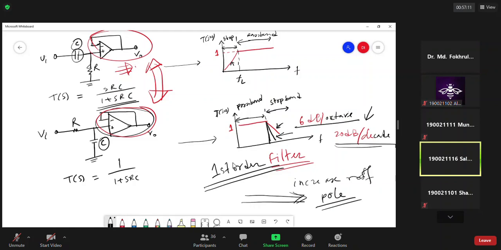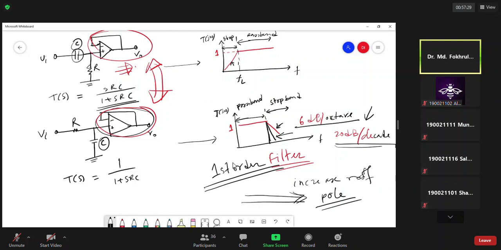Still I am going with laggings, but I make you sure that if you understand what I have discussed during the class, then you can answer all the questions. I can make sure you.